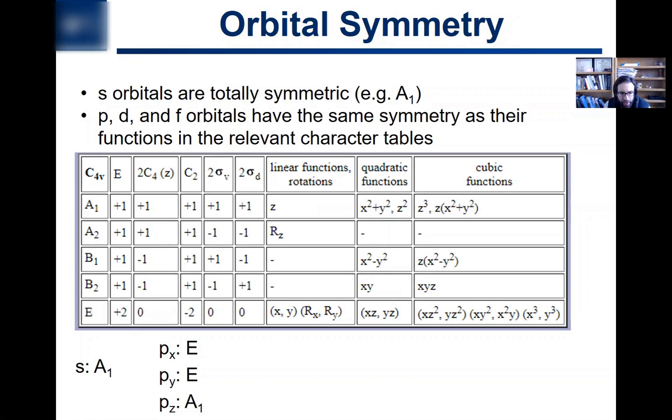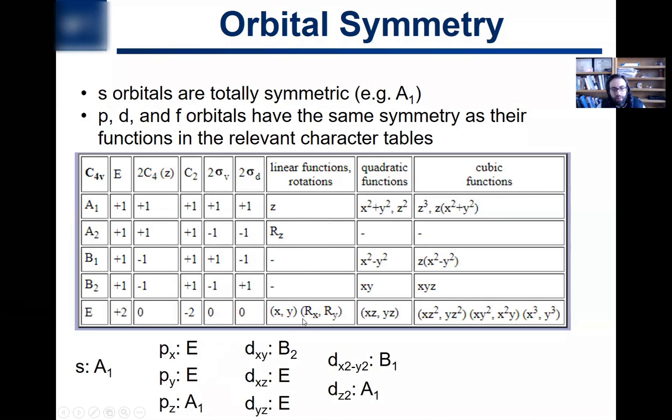So both px and py have the symmetry of E in the C4v point group. The pz orbital, we look at the z function, that has a symmetry of A1, which happens to be the same symmetry as the s orbital in this case. That won't always be true. It's wherever this z function is on the character table.